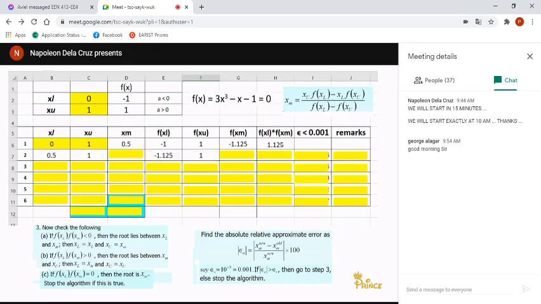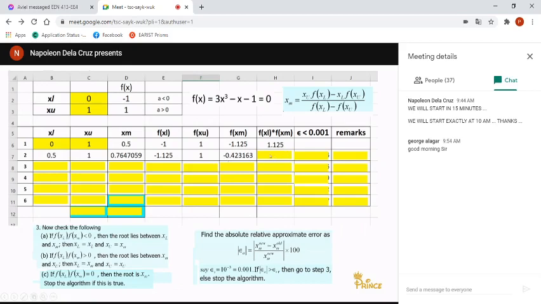Next. Okay? So substitute this here, substitute this here, we will end up with this value of XL, f of XU. Then solving for XM using this formula, that is now equal to this one. Then substituting this here, you can now solve for this.